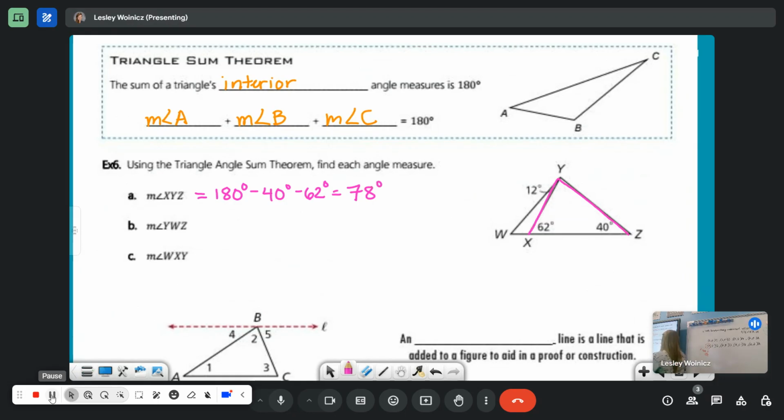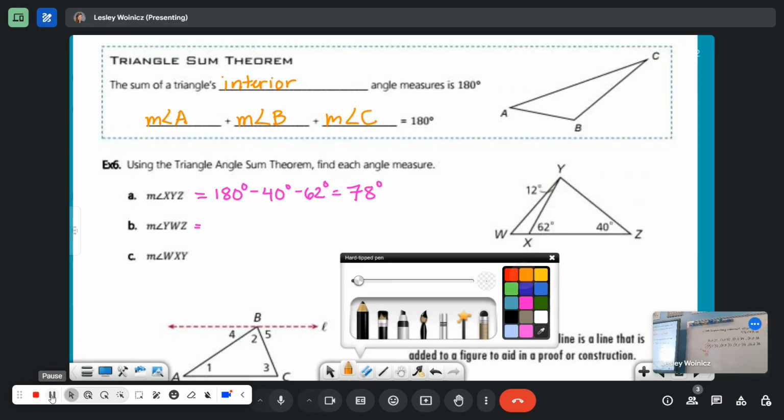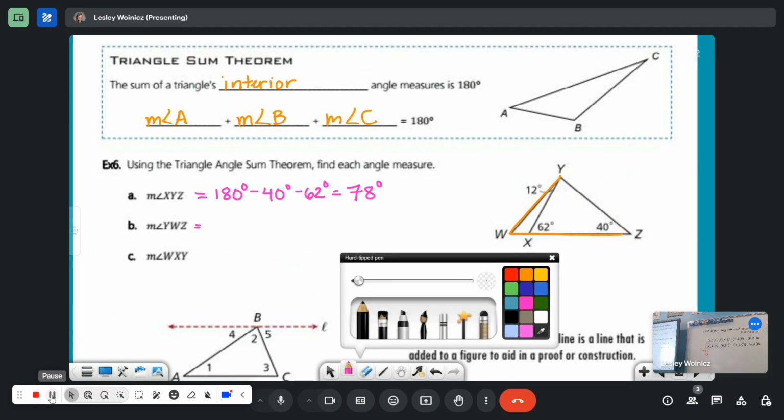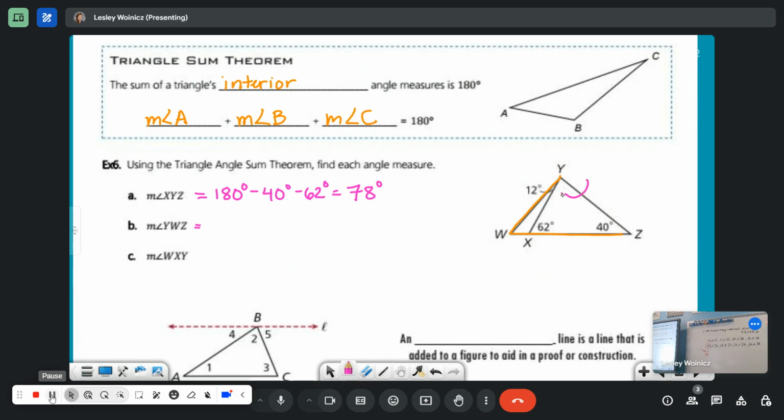Okay, what about the measure of angle YWZ? We already found out that this one is 78. Thank you for your assistance in that matter.